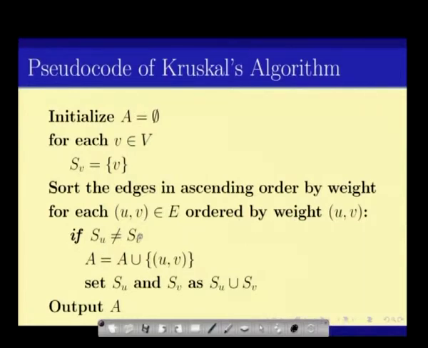If the two sets are not equal, or in other words, if u is not connected to v, then I will add or select this edge, and I will update the sets S_u and S_v accordingly. It was an easy algorithm as such.